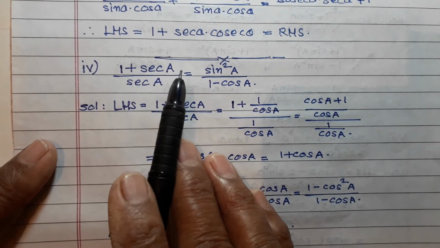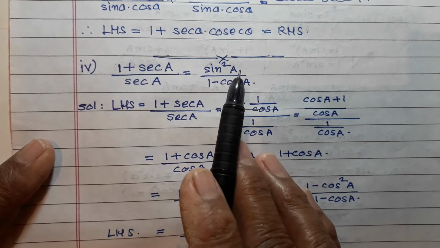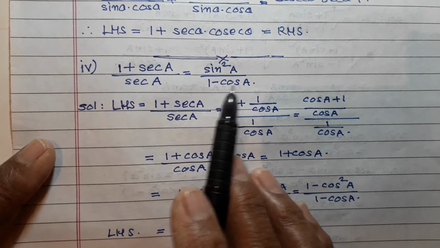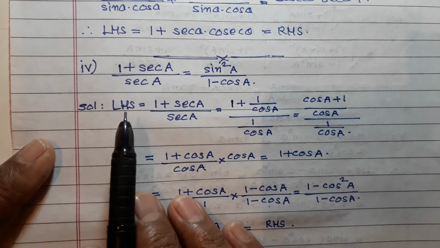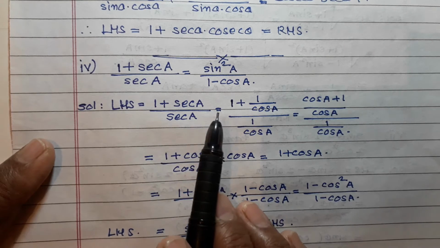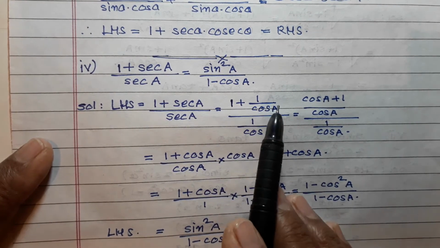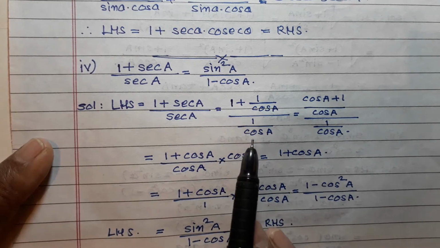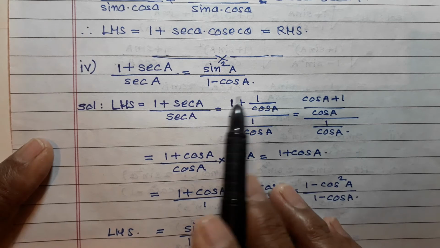Question number 4. 1 plus sec a upon sec a is equal to sin square a upon 1 minus cos a. Okay. Left hand side is equal to 1 plus sec a upon sec a is equal to 1 plus 1 upon cos a upon 1 upon cos a is equal to cos a. Here I simplify this.